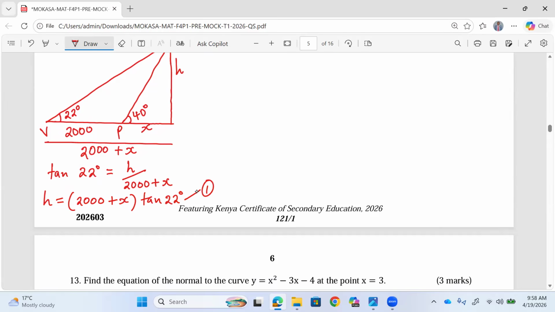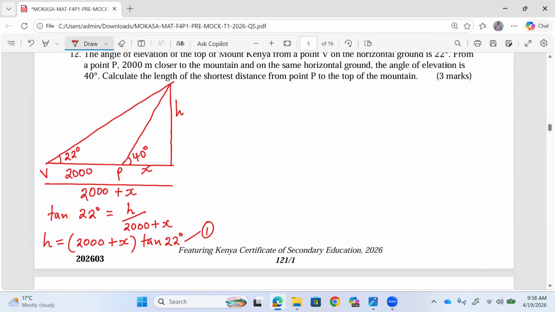This is equation 1. Here we have one equation in terms of x and h.